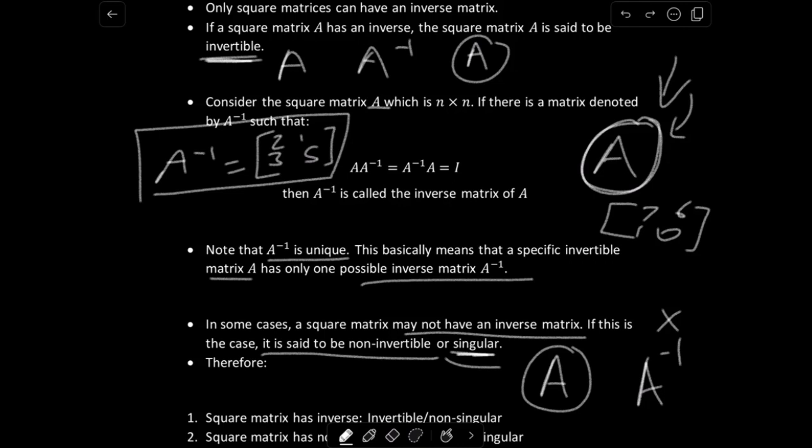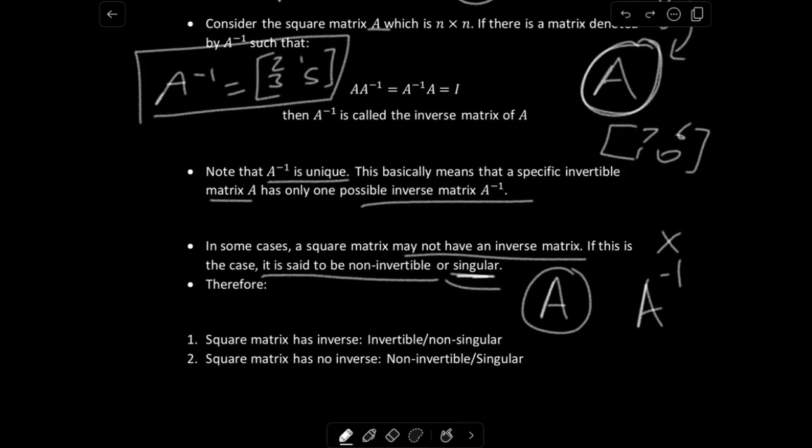That's just terminology that you need to get used to, so you recognize all the different ways of understanding that this matrix has an inverse, this matrix does not have an inverse, etc. To summarize, a square matrix that has an inverse is invertible because it has an inverse. It has a partner, so it's not single, it's non-singular.